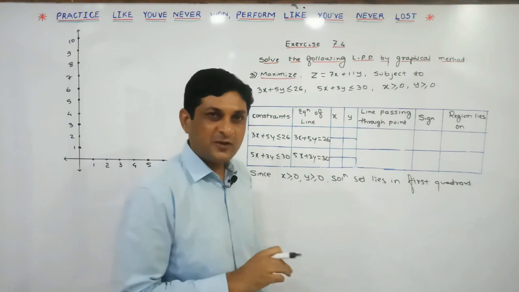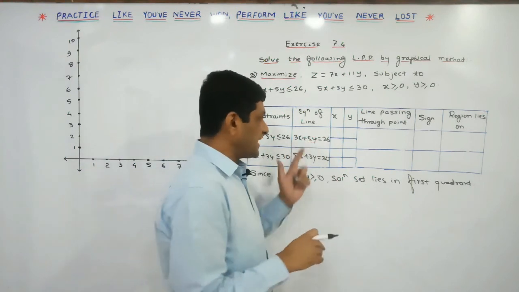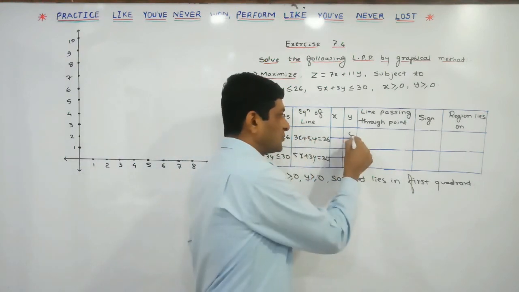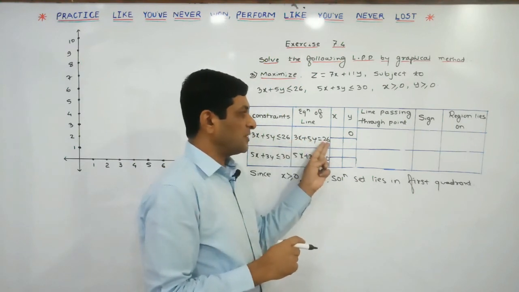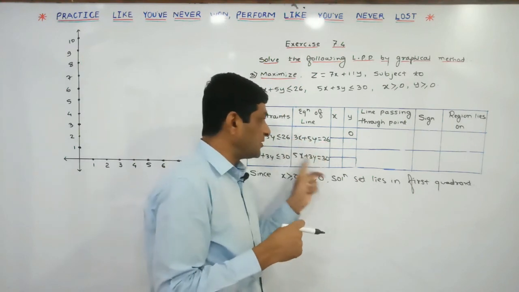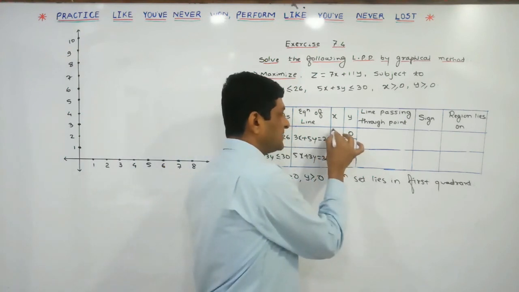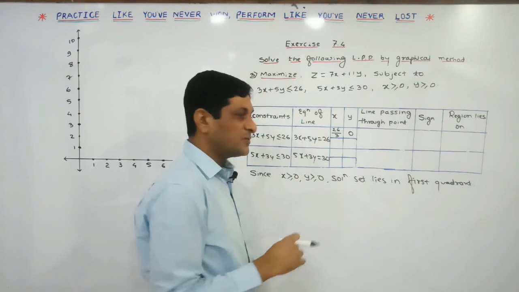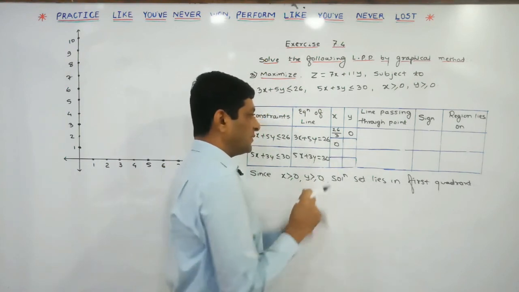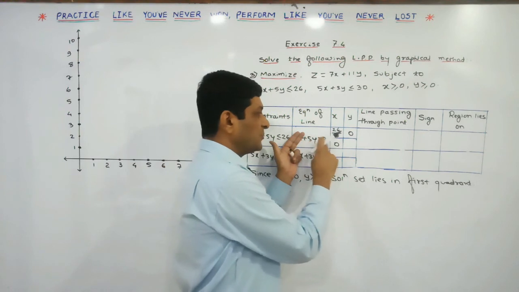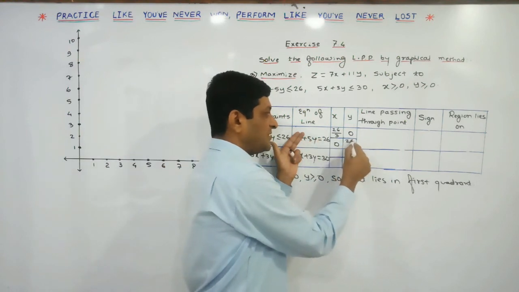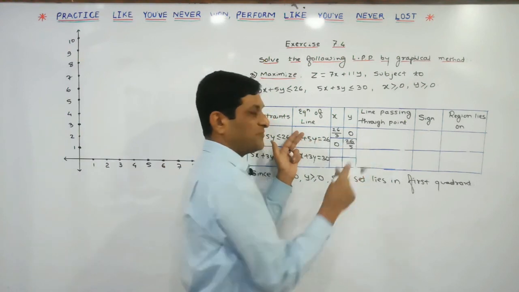Now try to find the coordinates of 2 points on this line. First substitute y is equal to 0, so this term will become 0. The remaining term is 3x is equal to 26, so x is equal to 26 upon 3, meaning the x coordinate is 26 upon 3. Now substitute x is equal to 0, so this term will become 0. What is the remaining term? 5y is equal to 26, which implies that y is equal to 26 upon 5.